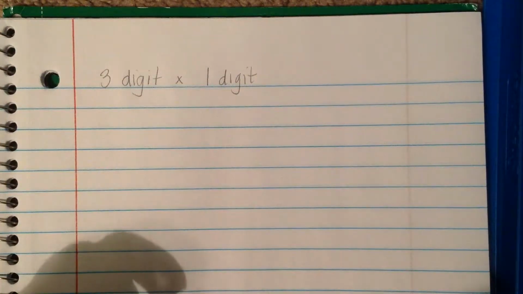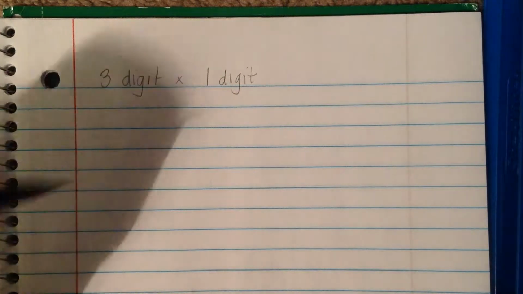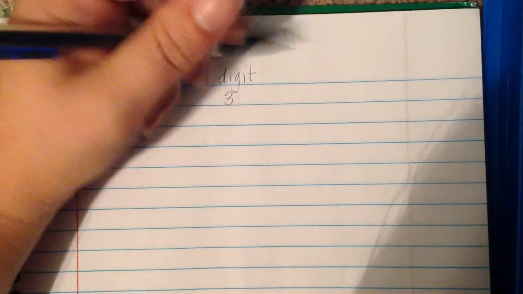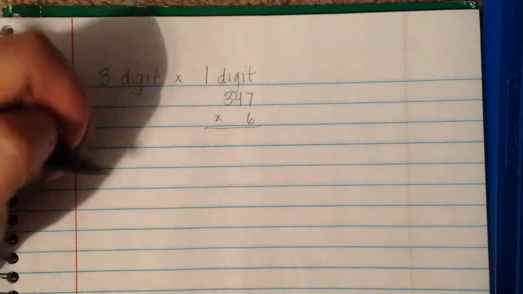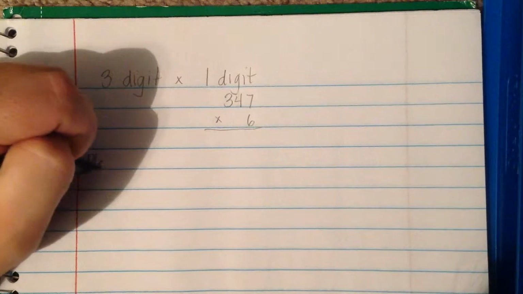So, for example, the first number we're going to take is 347 times 6. The first method I'm going to do it with is place value sections.